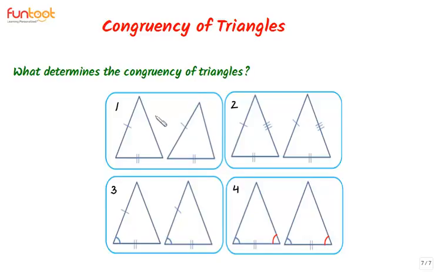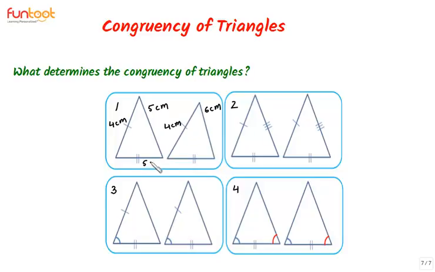So some students can take the third side to be not equal, like a student A can take it to be 5 centimeters and student B can take it to be 6 centimeters. And these sides can also have some measure. Let's say if this is 4 centimeters, then this will also be 4 centimeters.